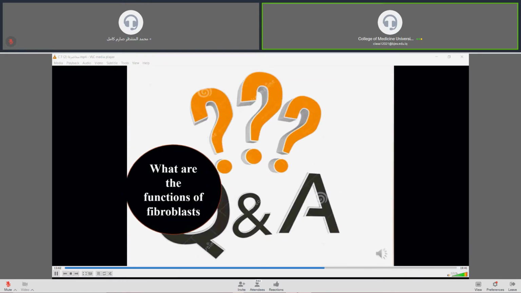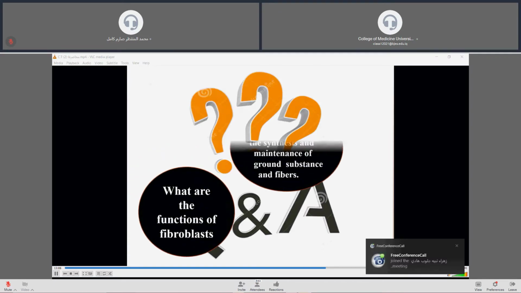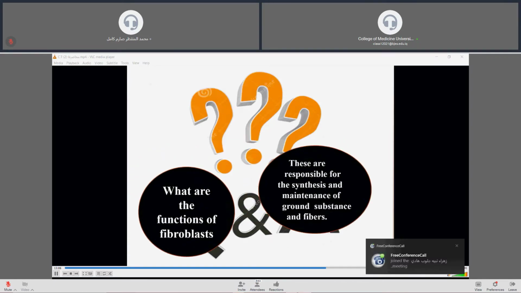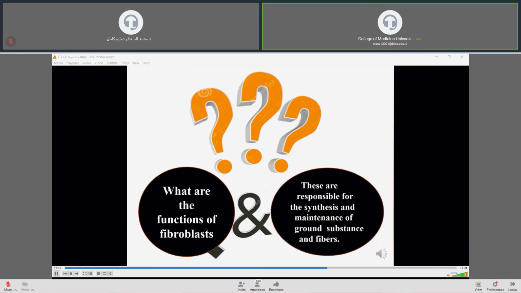What are the functions of fibroblasts? Fibroblasts are responsible for synthesis and maintenance of the ground substance and fibers.